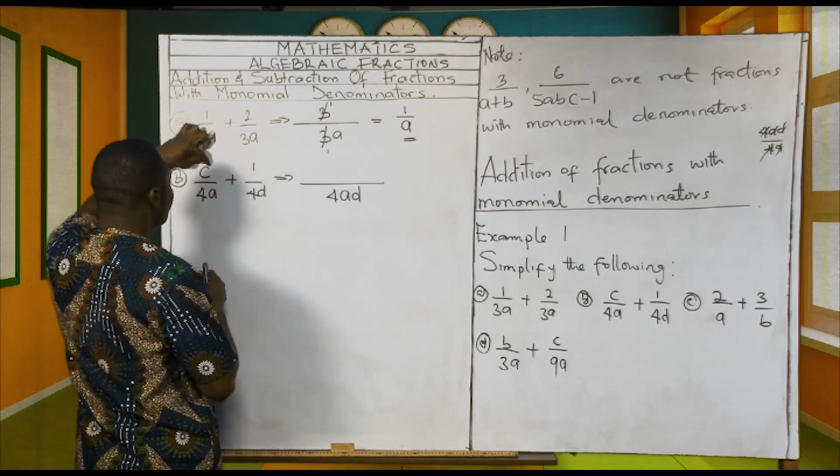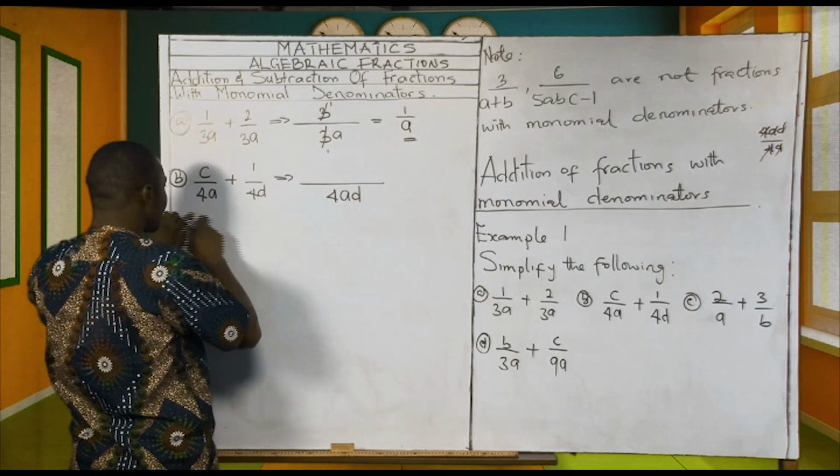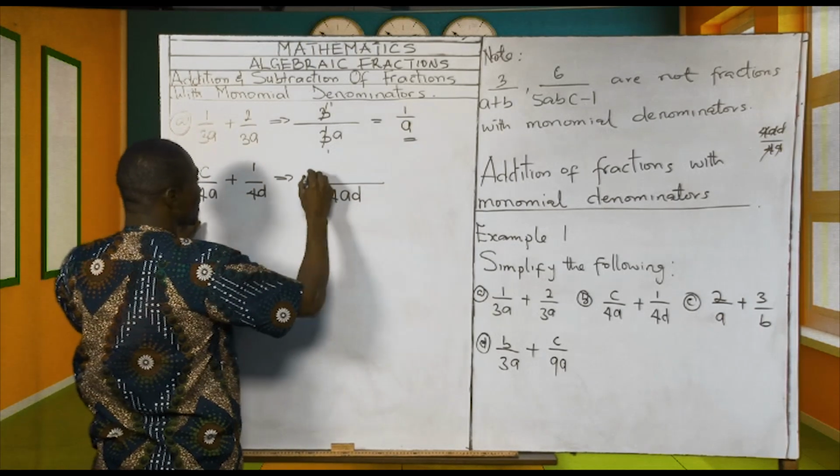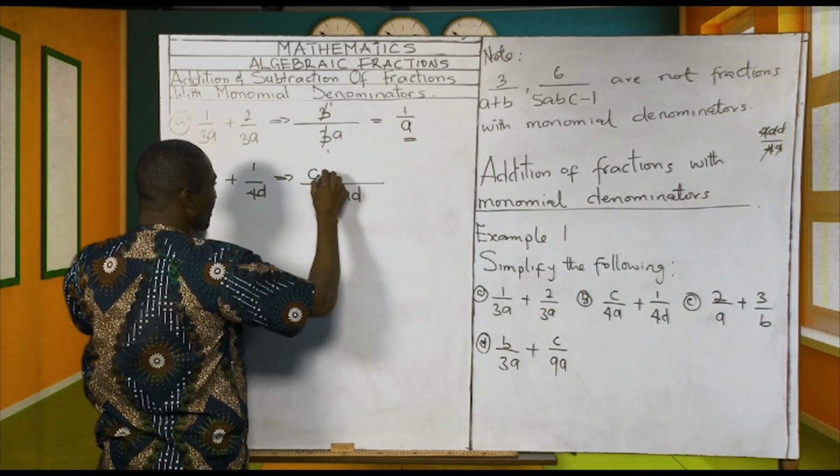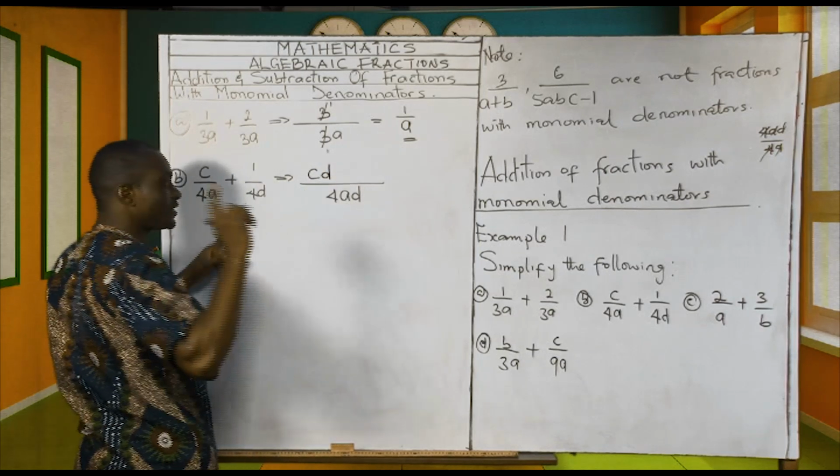D multiplied by this numerator you are using on this fraction will give us cd.